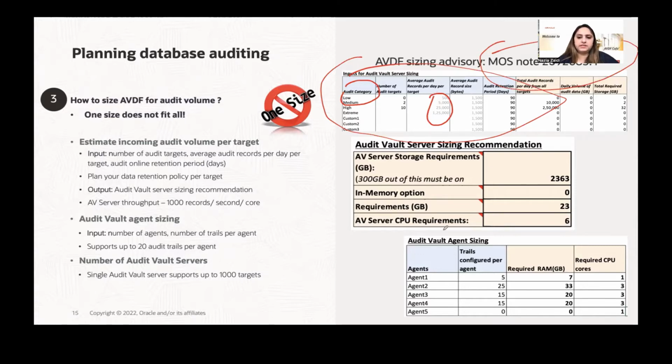And accordingly we size. Similarly for the agents, we size what kind of agent, and per agent how many trails you are going to have, and then we suggest how many more resources that particular target may require. There is some stress testing we have done, and for example we say AV server throughput is 1,000 records per second per core.